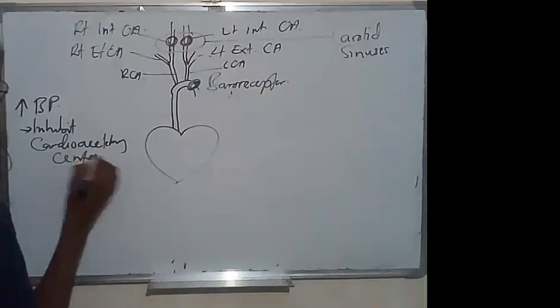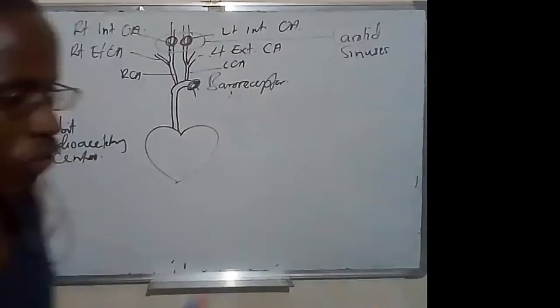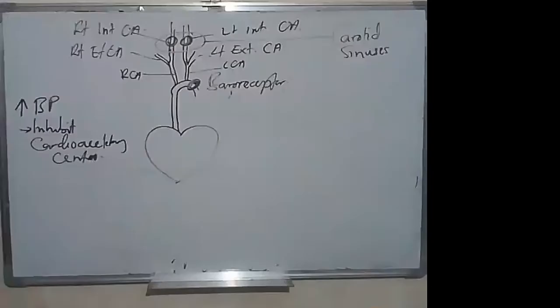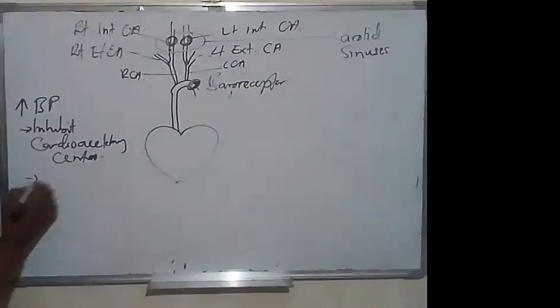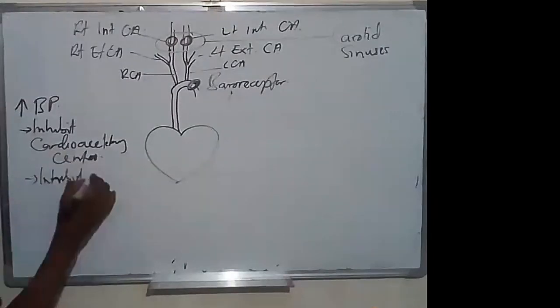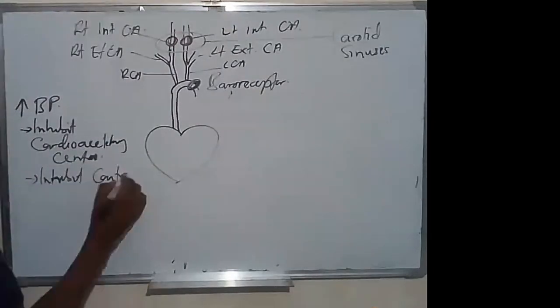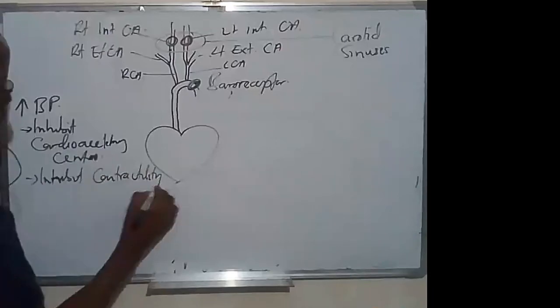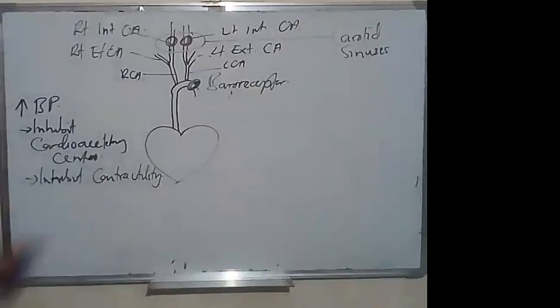So the center that is responsible for the heart beating fast is going to be inhibited. Then it is also going to inhibit contractility. Contractility is also inhibited, all right?